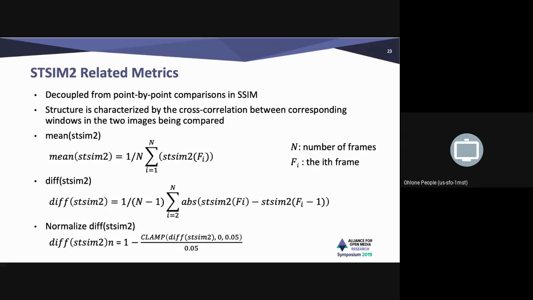For the ST-SIM related metric, since it looks at the cross correlation between the corresponding windows of the two images or two frames being compared, we focus on two statistics. One is the mean, where we hope it shows a high correlation, so we're expecting a larger value for the mean. While looking at the difference between frames, we expect to see small values for the difference of the ST-SIM2. And then again, we normalize these values.